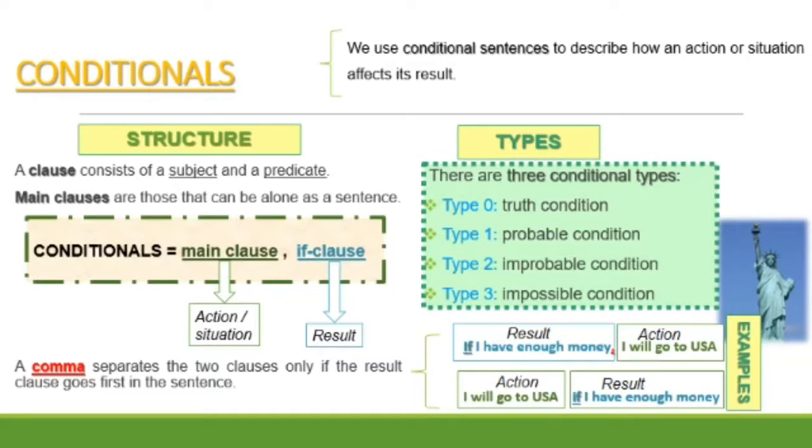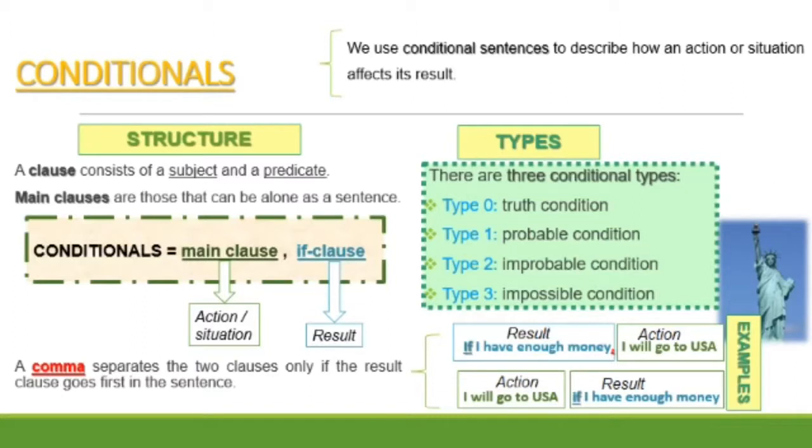I just write the if clause afterwards. Okay? So what's the difference between the first and second example? Nothing. Both are the same, but we can use the if clause at the beginning or at the end.